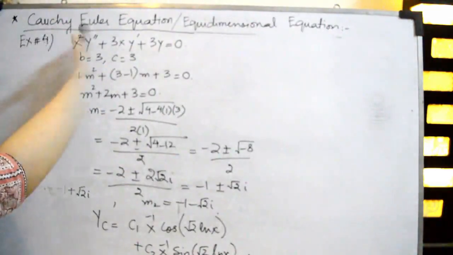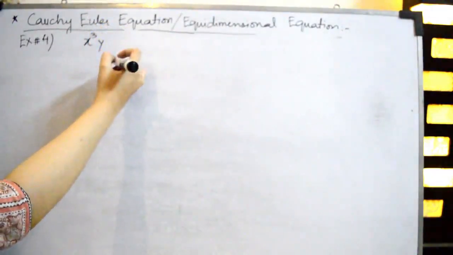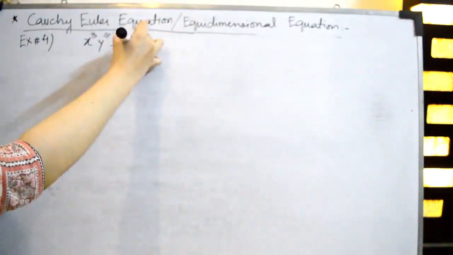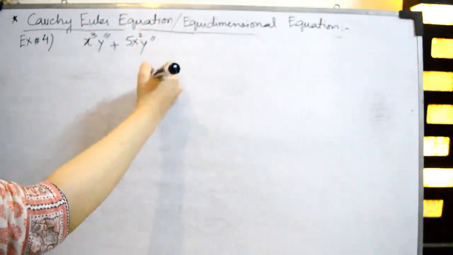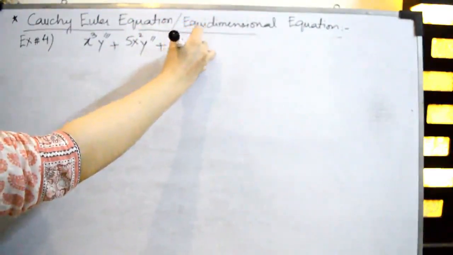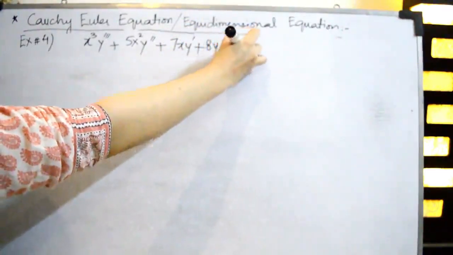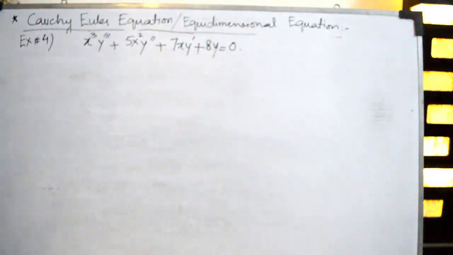Now the next example is x cube y third derivative plus 5x square y double dash plus 7x y dash plus 8y equals 0. I will move further and do the substitution, because here there are a, b, c, d, so a lot of effort is required.